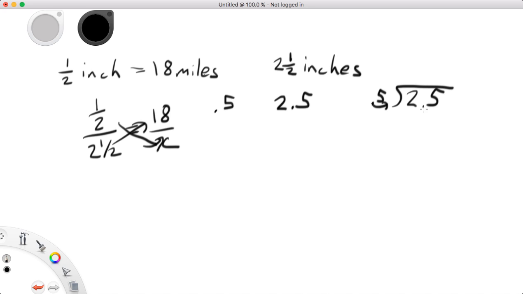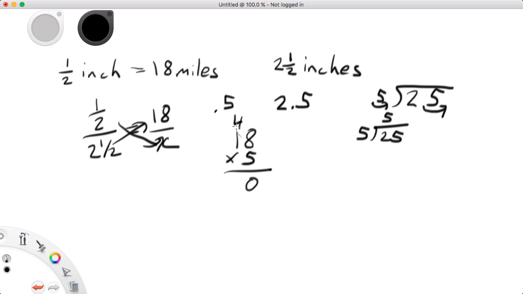If you were going to divide 2.5 by 0.5, you would move this decimal point over and then this decimal point over at the same time, and you would end up with 5 going into 25, which is just 5. So you know that there are 5 1/2 inches in 2.5 inches.